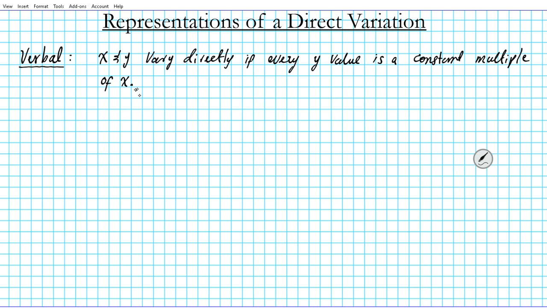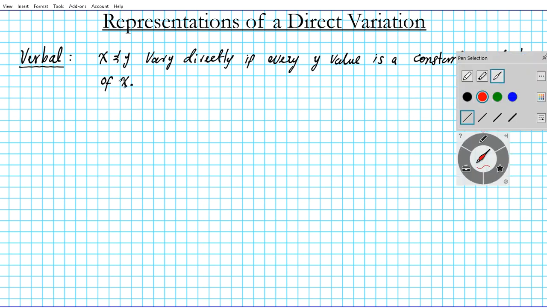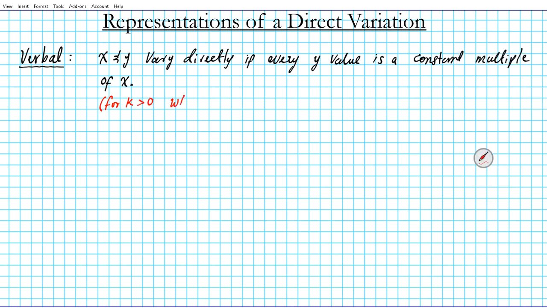So there's a special observation you can have when your constant of variation is positive. Let's write that down. For the constant of variation, k, for k greater than 0, when x increases, y increases.